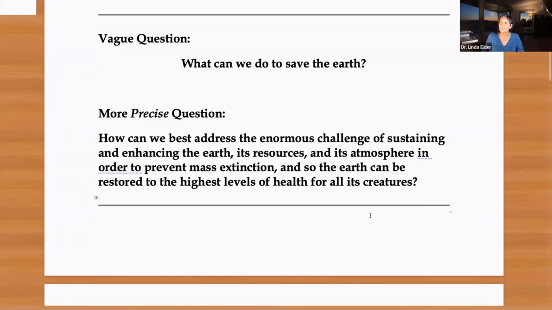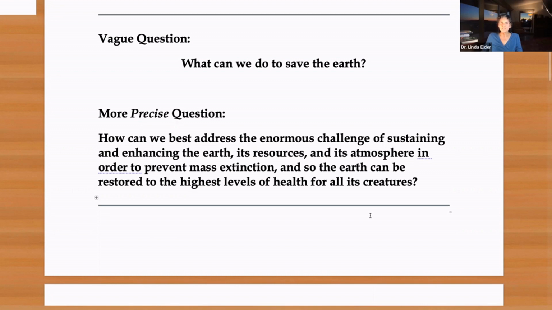You may not have agreed with that, but here the question implies that the earth, the animals and plants on the earth are living here innocently.